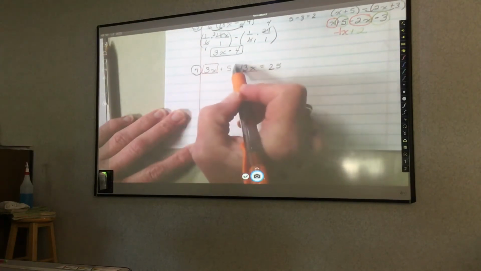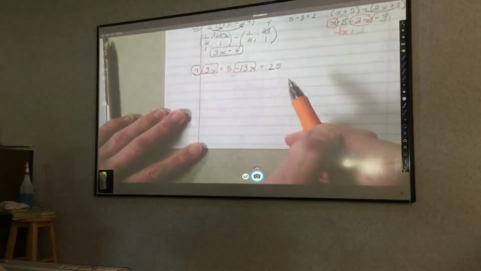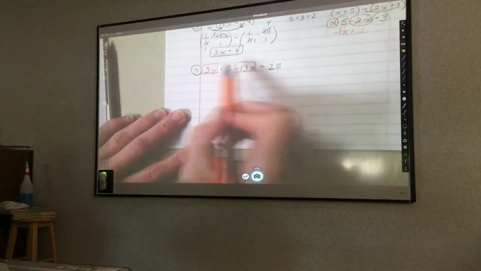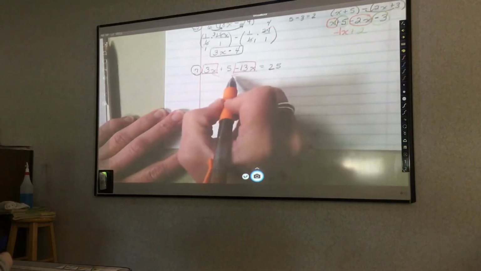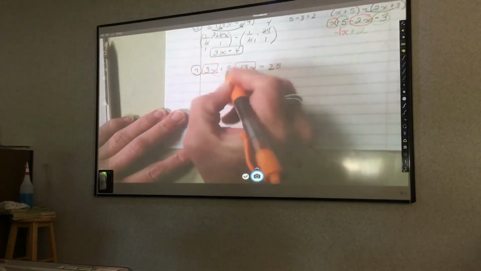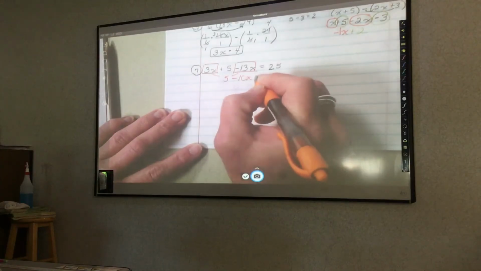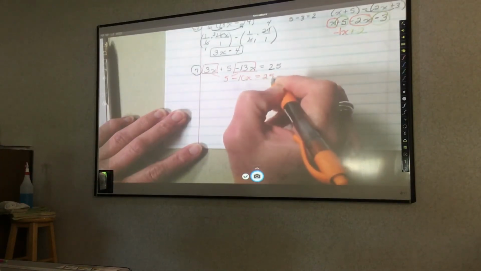Before I go to solve for x, I better combine those 2. So I have a negative 13 and a positive 3. What does that become? Negative 10x. Bring down your 5. So now we have 5 minus 10x equals 25.